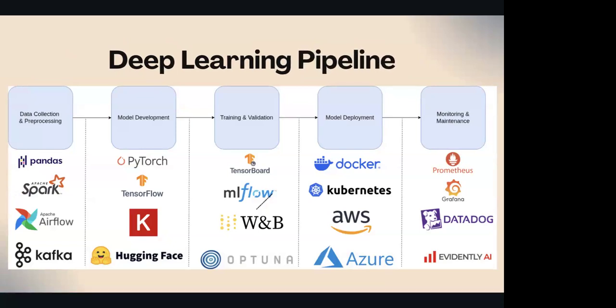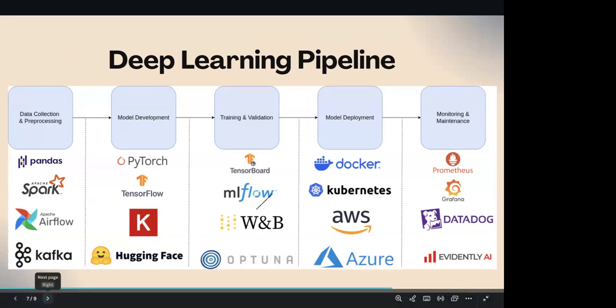So here we have a visual summary of the deep learning pipeline, from data collection and preprocessing, to model development, then training and validation, to model deployment, and finally monitoring and maintenance.